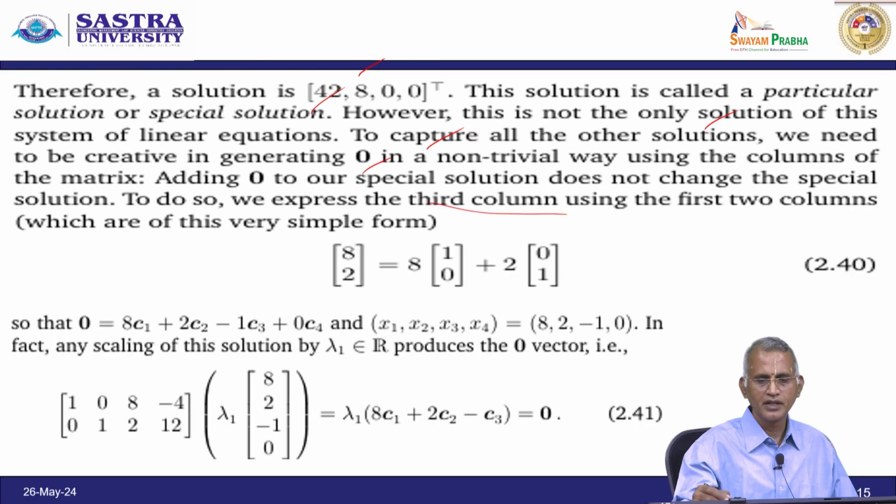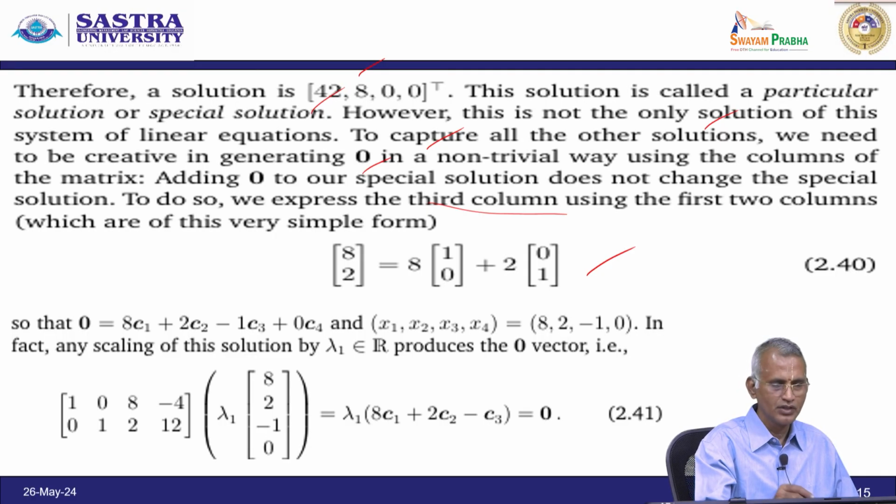(8, 2) can be written as 8 into (1, 0) plus 2 into (0, 1), so that 0 is equal to 8C1 plus 2C2 minus 1C3 plus 0C4. Therefore, (x1, x2, x3, x4) equals (8, 2, -1, 0).